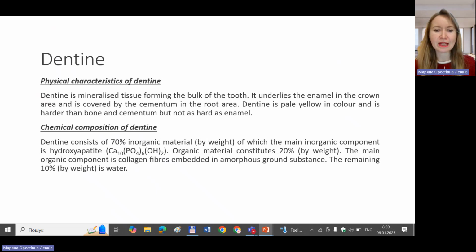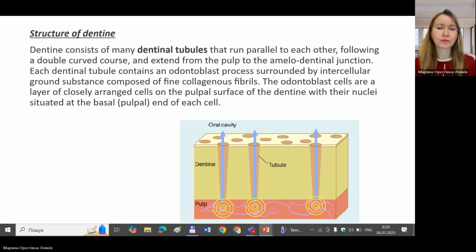The remaining 10% by weight is water. Dentine consists of many dentinal tubules that run parallel to each other, following a double-curved course and extend from the pulp to the amelodentinal junction.